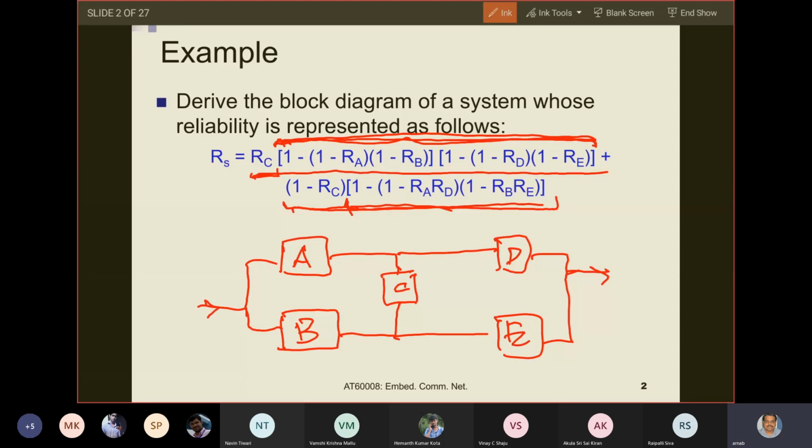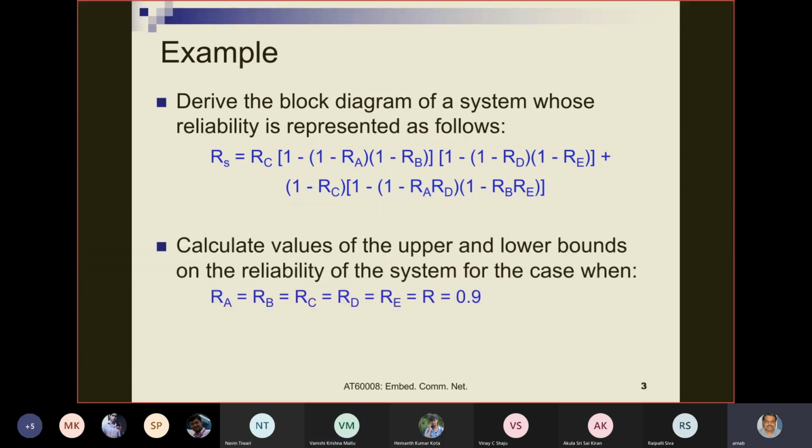Is this okay? This is what you are saying? Yes, sir. Fine. So then let us take the next part.